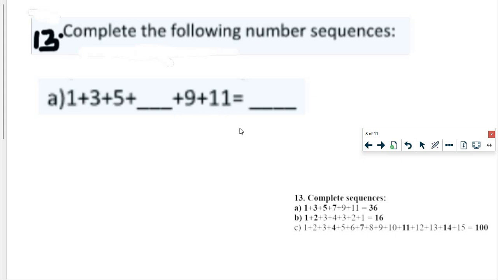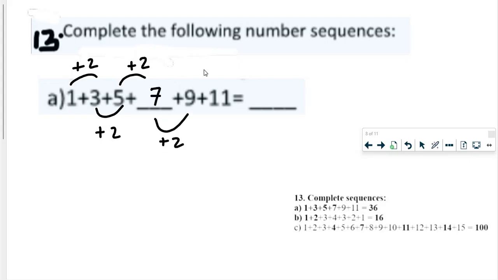What type of numbers is this? These are odd numbers. From 1 to 3, add 2, add 2, the next number will be 7. Add 2, 9, add 2, 11. So the missing number here is 7.